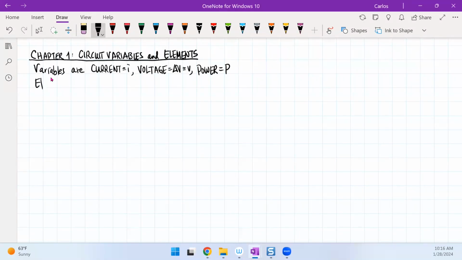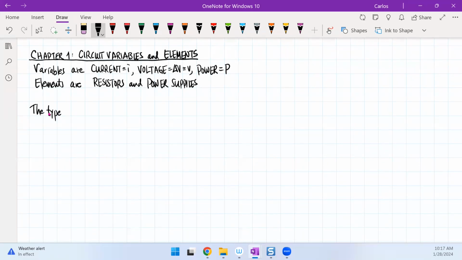The elements are resistors and power supplies. There are two classes of power supplies, independent or dependent sources, and there are two types of each of those, voltage or current sources.